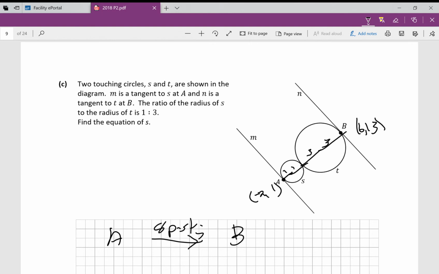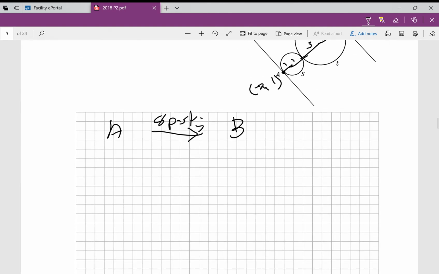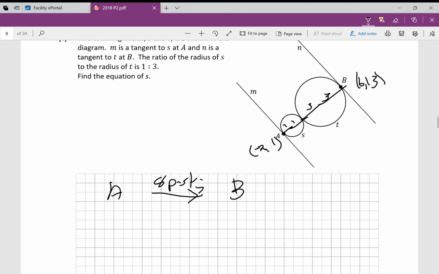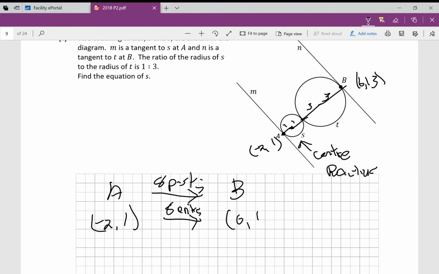Sorry, I'm looking for the center. I want the equation of the circle S, so I want the center and the radius of this circle. I'm working on getting the center at the moment. So the center is one jump over, one part over. Minus 2, 1 to 6, 13 is a jump of 8 parts.